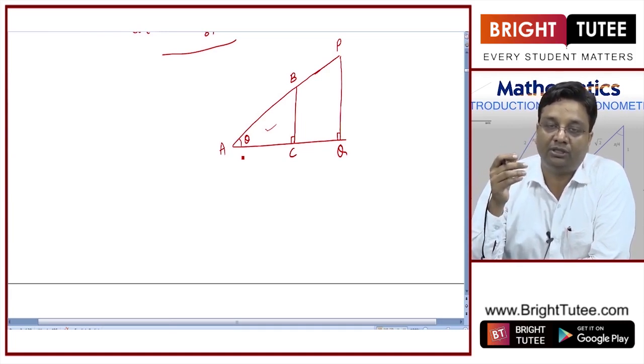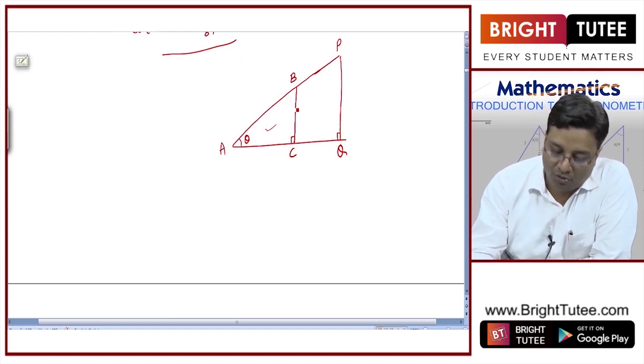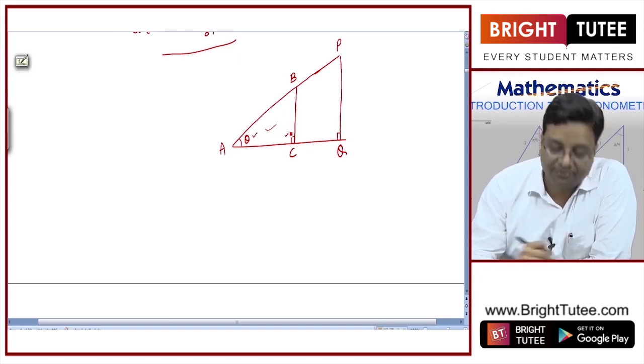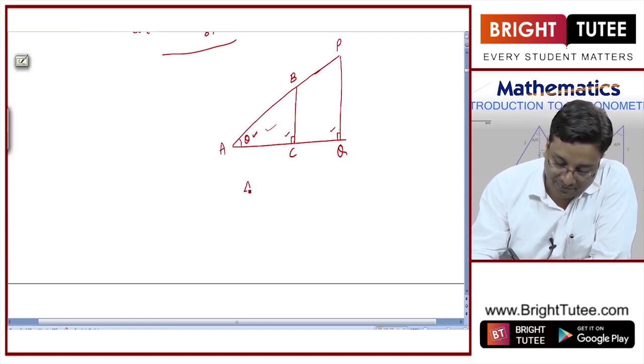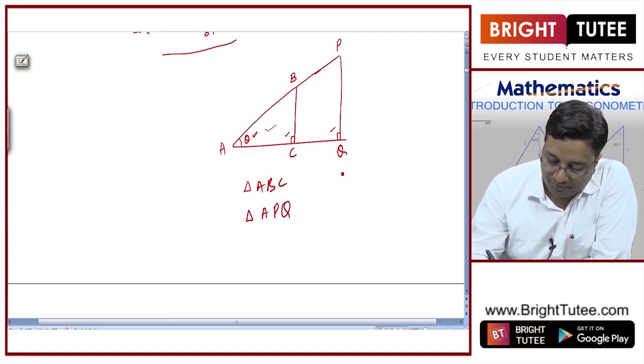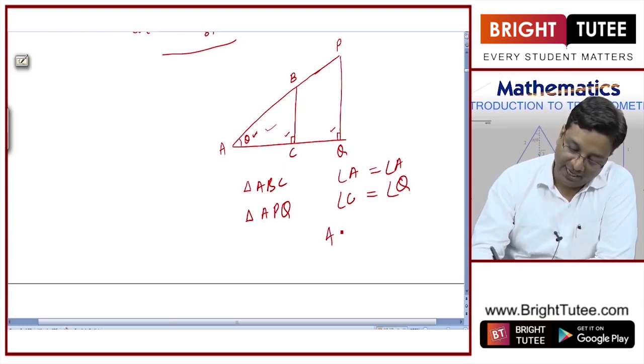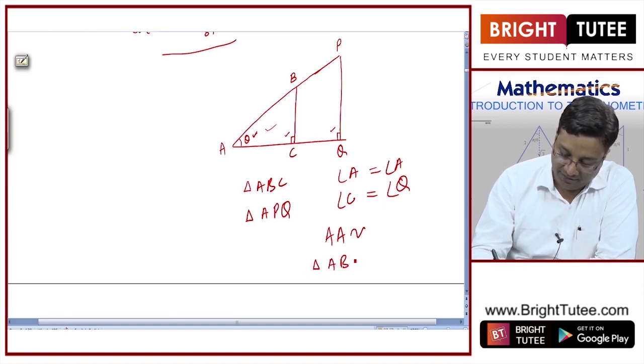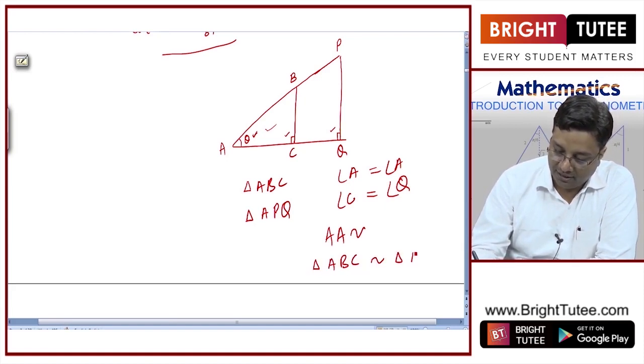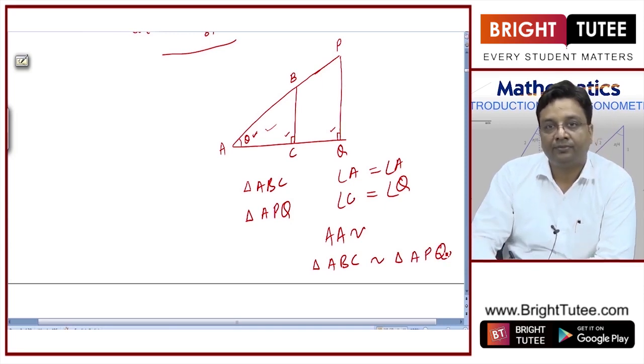So what happens in ratios is, from the similarity chapter you know that in triangle ABC and in triangle APQ, angle A is equal to angle A, which is a common thing, and angle C is equal to angle Q. So two angles are equal, hence by angle similarity we can say that triangle ABC is similar to triangle APQ, right?